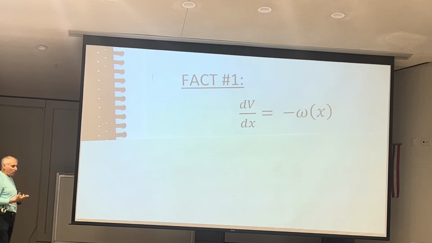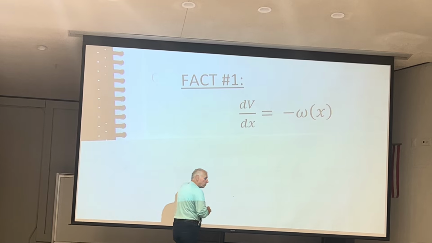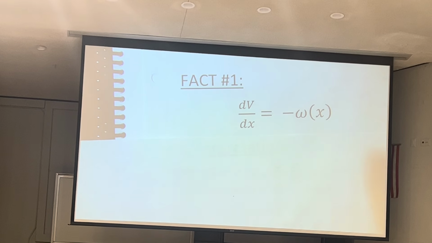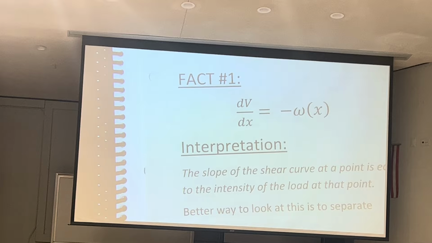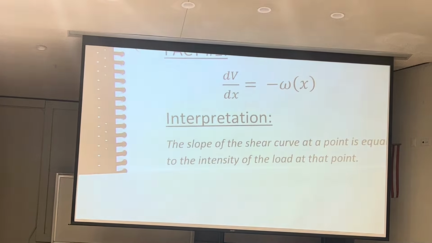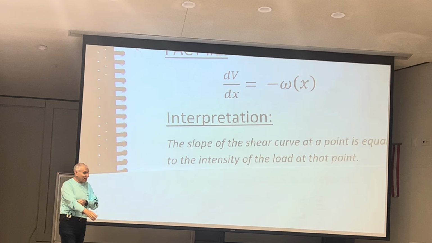That comes from calc. The slope of my shear is equal to the force intensity of the load. So in words, interpret that as: the slope of the shear curve at any point is equal to the intensity of load at that point. That's what that equation is saying.